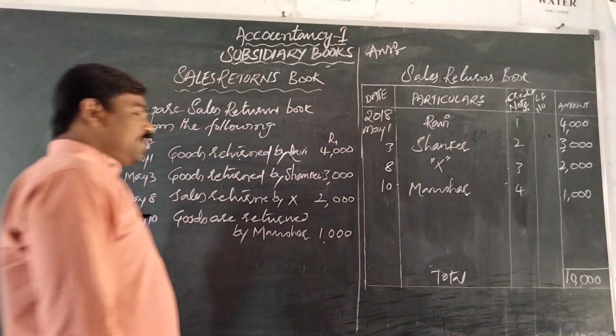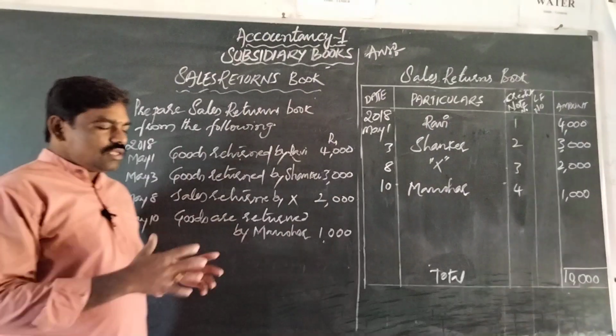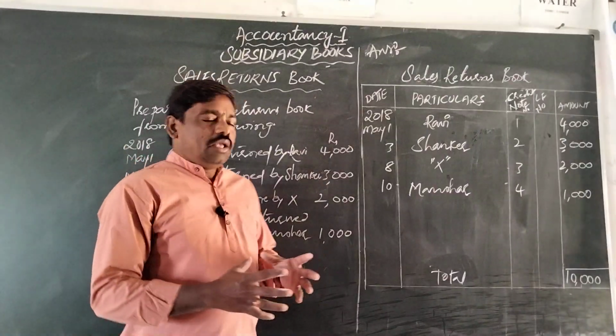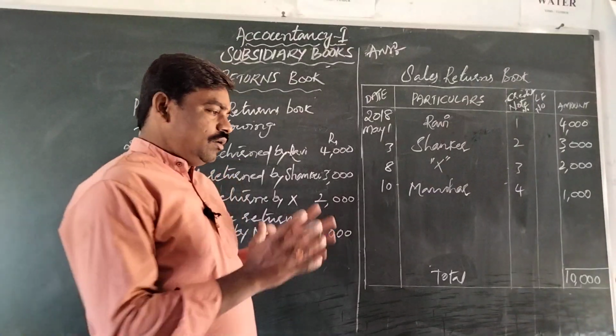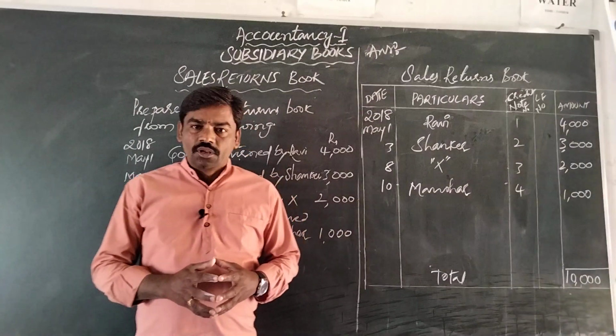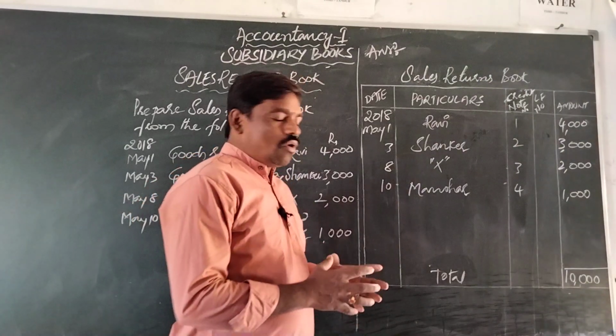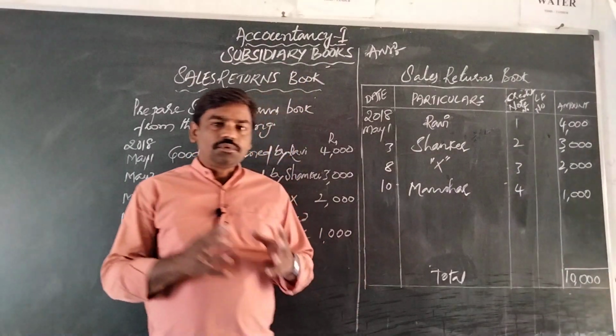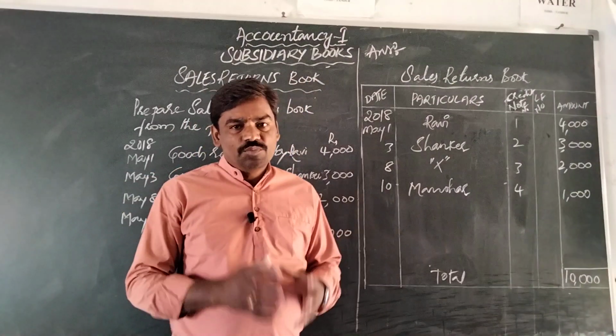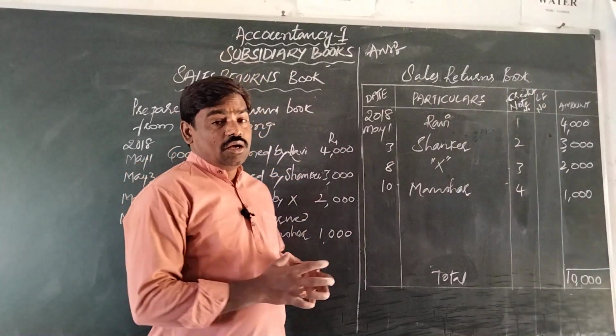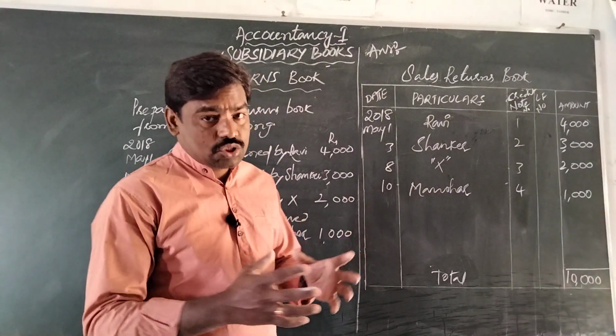Students, let me explain it once again. The sales returns book is one of the subsidiary books, and it is also called the return inwards book. It is a journal also.